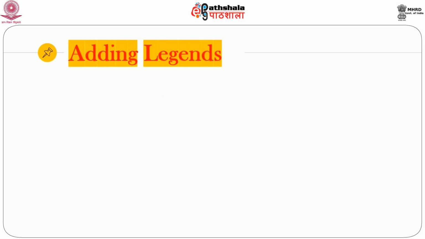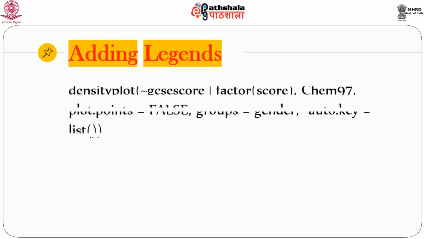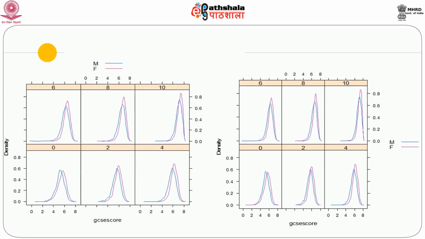This allows for more convenient defaults, and one of the advantages here is that it is usually possible to omit the text component as well as the points, lines, and rectangles components. One can simply use auto.key equal to list(space = "right") in the above call, or even auto.key equal to true, which would use the default space equal to top. So it will put the legend at the top.